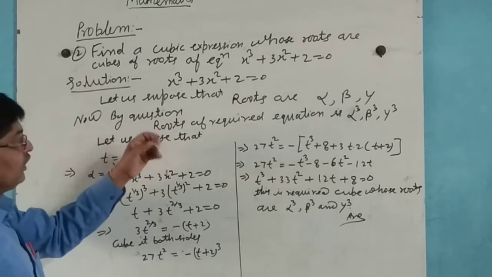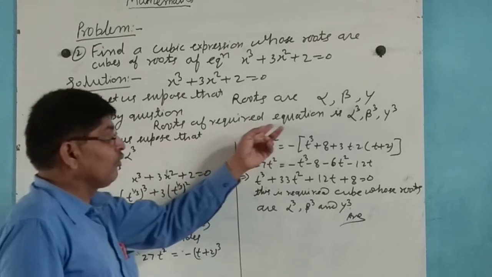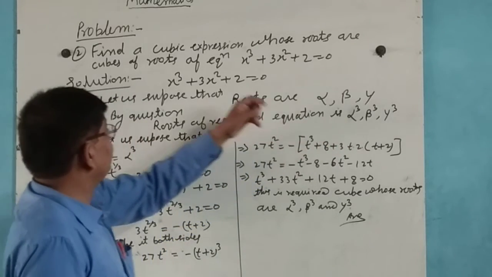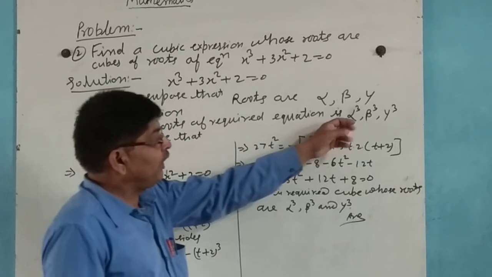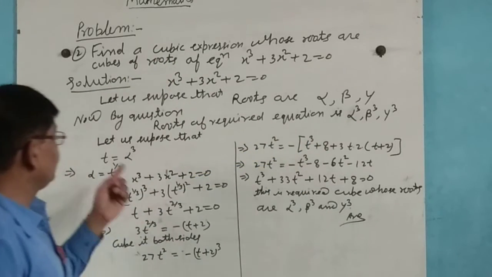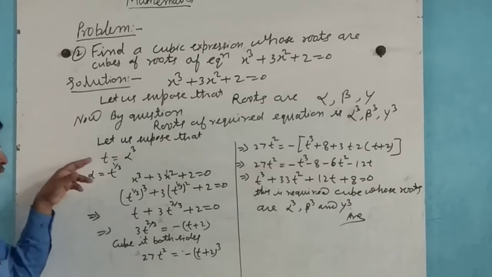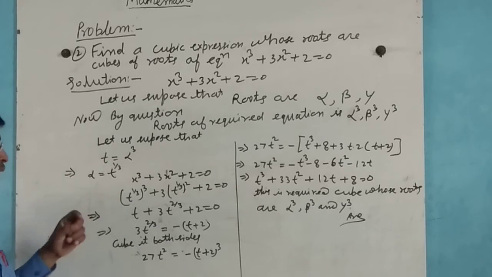By the equation, the roots of the required equation are alpha cube, beta cube and gamma cube. Let us suppose that we transform the root: t equal to alpha cube.